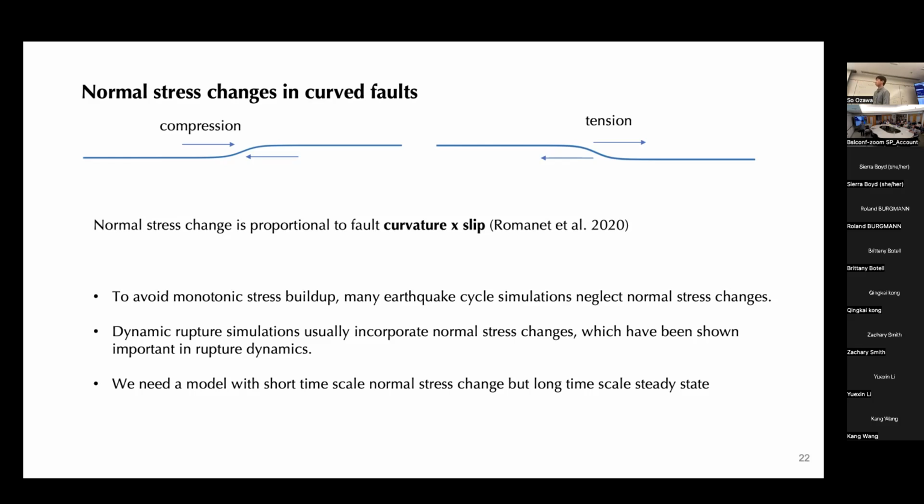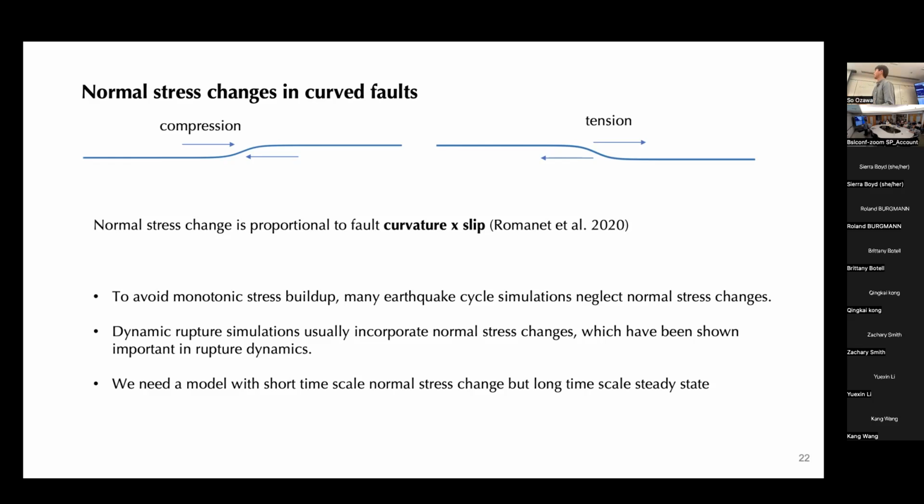But that's also unphysical, because dynamic rupture simulations of single earthquakes usually incorporate normal stress change, including tensile gaps, which have been shown to be very important in controlling rupture dynamics, like slip distribution or rupture velocities. So what we need is a model with short time scale normal stress change, but which ensures a long time scale steady state of normal stress distribution on the fault.